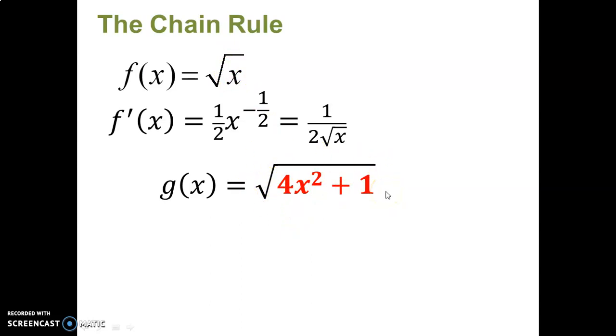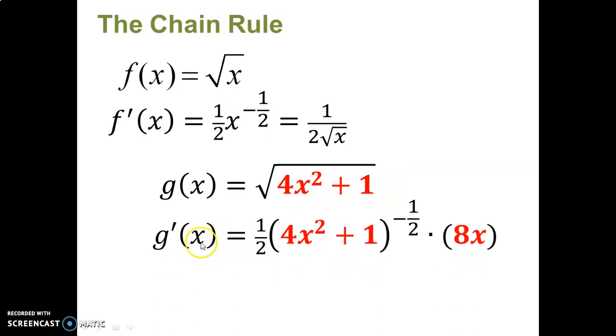Okay, so now take the derivative. To take the derivative, we do the chain rule. That means we do the derivative of the outside first, so the root function, right? So just like when we did the derivative of the root here, we're going to do the same thing here, right? That root is like a half power, so the half drops, we lower this exponent by 1. Leave the inner function as it is, right?